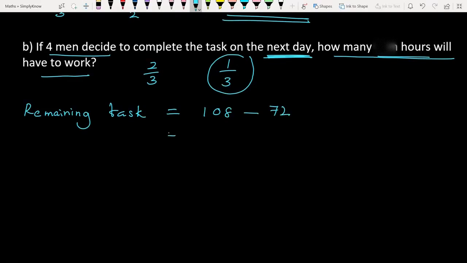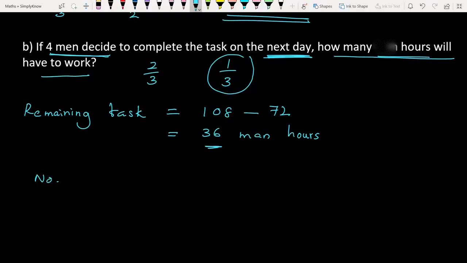So the remaining task is 108 minus 72, 36 man hours. Now these 4 men need to complete 36 man hours on the next day. And we should find how many hours they will have to work. Okay, so we'll write our equation.